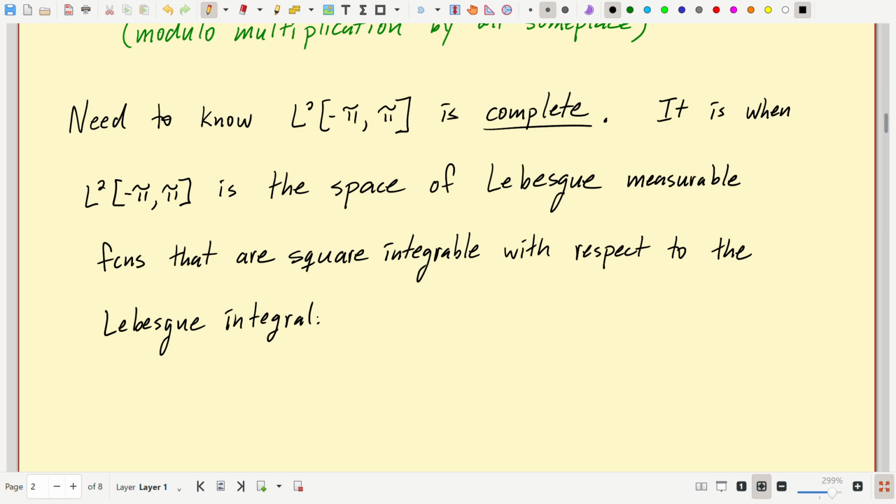And so big L2 is isomorphic to little L2 as a Hilbert space.